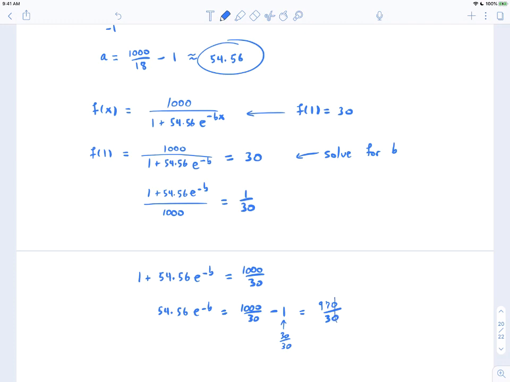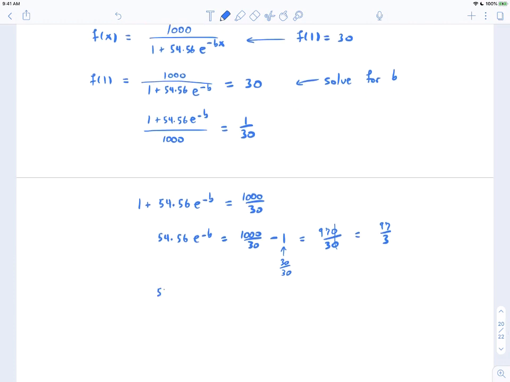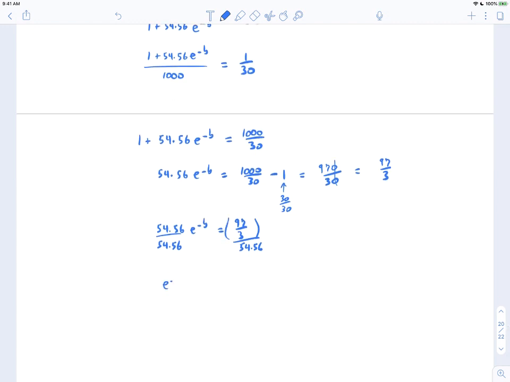I guess those zeros cancel and we'll just have 97 over 3. Okay, so what does that tell us? 54.56 e to the negative b is equal to 97 over 3. Now we divide by 54.56. And that gives us e to the negative b.